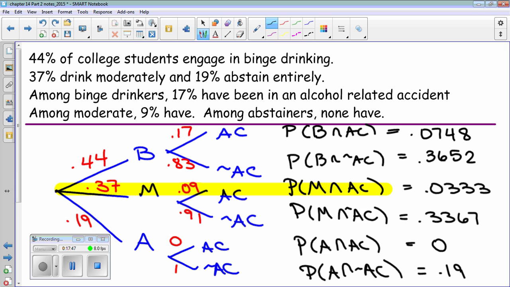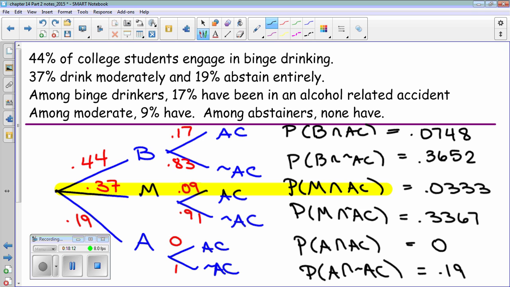What should all these add up to be? 1. Do they? Can you check for me? Would someone be willing to check? Okay. It's something you should check on your tree diagrams. You want to just make sure that they do.